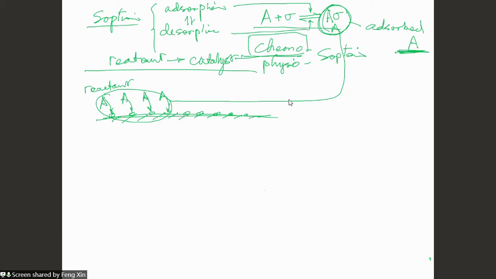Let's look at this reaction. The forward reaction is the adsorption. So you can write the reaction rate. I write here A plus sigma. For the forward reaction, we use the rate constant k, then to produce A sigma.